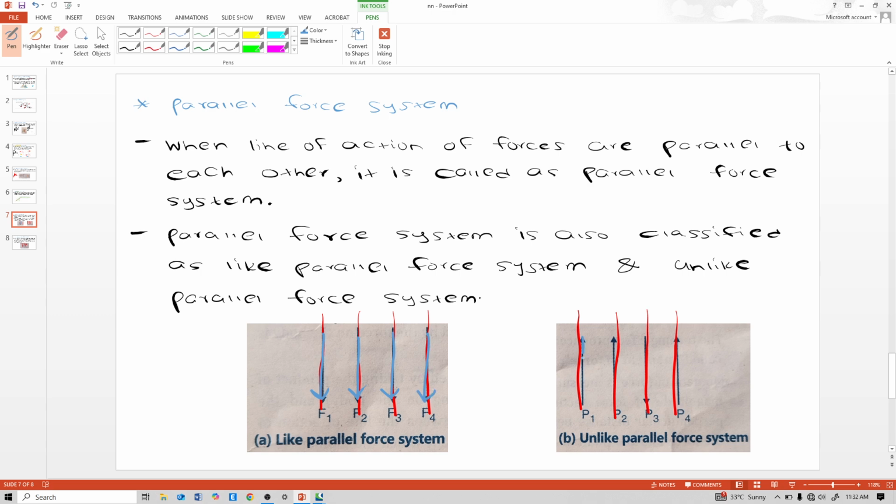But here, P1, P2, P4 are acting upwards, but only P3 is opposite to them. So this is an unlike parallel force system. In an unlike parallel force system, one force or more than one force has a sense different from the other forces.